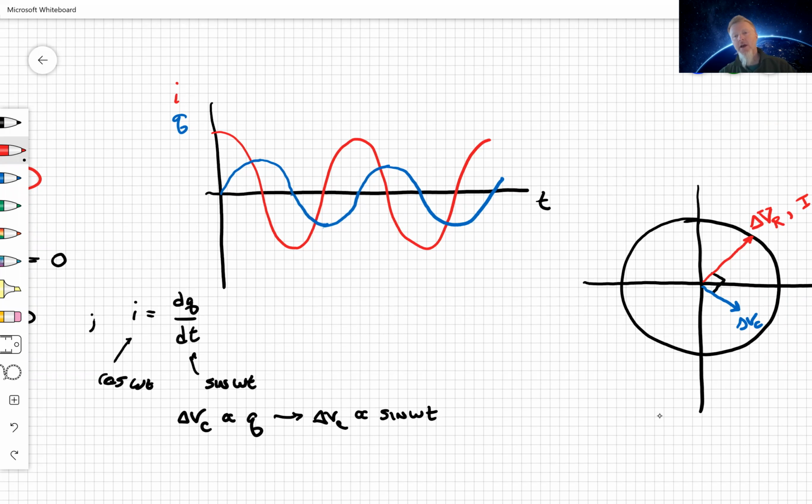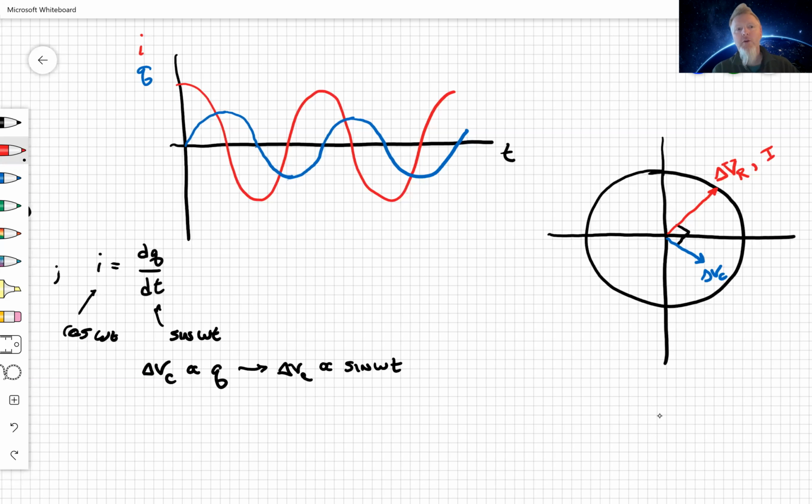So I in the circuit is high, and it starts building the charge up on the capacitor. I kept saying voltage, sorry about that. The capacitor eventually peaks in charge, at which point the current stops and reverses, which then takes charge off the capacitor. Therefore, the voltage of the capacitor, which is related to the charge, is 90 degrees behind the current.